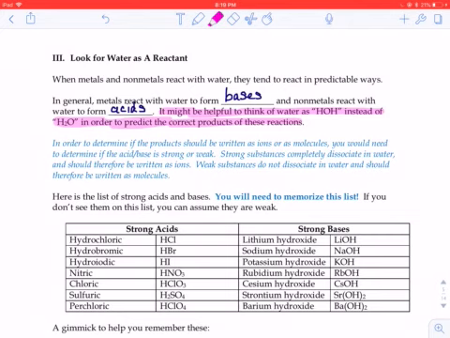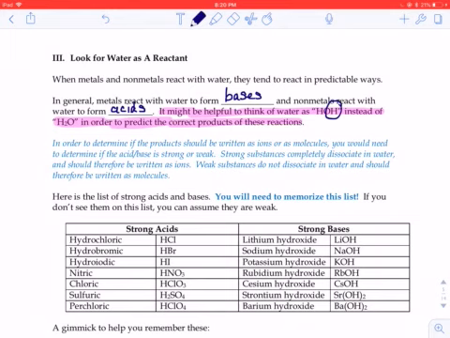And most of the time, when water reacts with metals, for example, they form hydroxide products, not oxide products. So if you just take that water and write it as HOH, then you're going to automatically make the product a hydroxide.